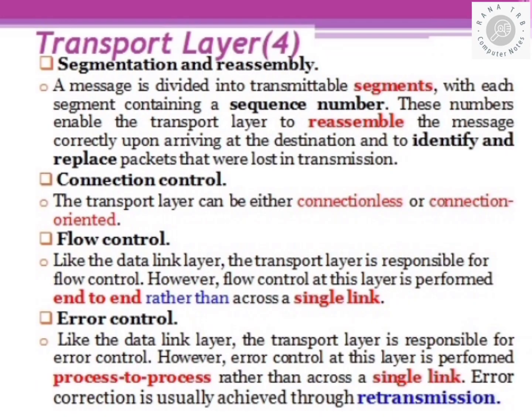Flow control is similar to that of the data link layer, but it is performed end to end rather than on a single link. Error control is also similar to the data link layer. The transport layer is responsible for error control, performed process to process rather than on a single link. Error correction is usually achieved through retransmission, by sequencing the segments of information.